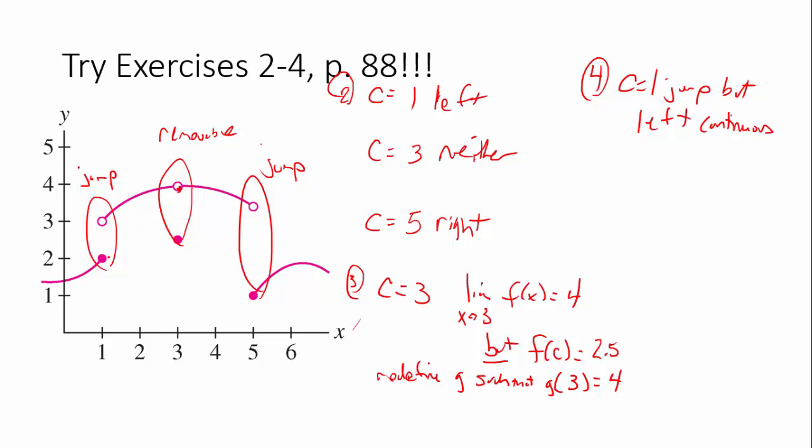Well, to make it right continuous, this becomes a hole, and we would fill in and redefine g of 1 to equal 3, because now the limit as x approaches 1 from the right equals g of 1, which we've redefined as 3. Okay, so that's just some practice with some of the definitions involving jump, removable, and one-sided discontinuity.